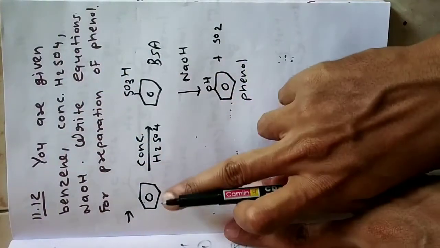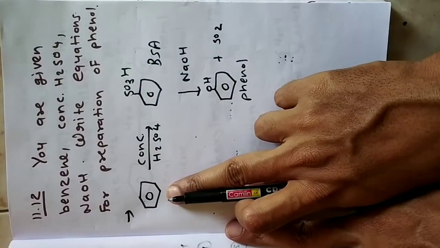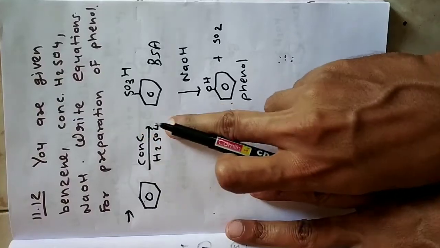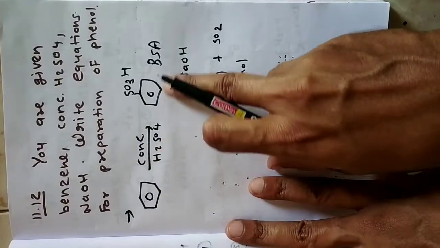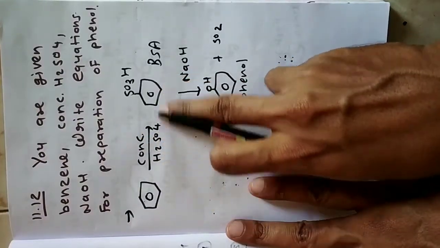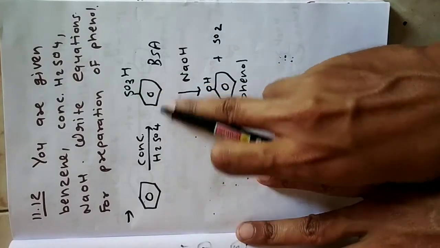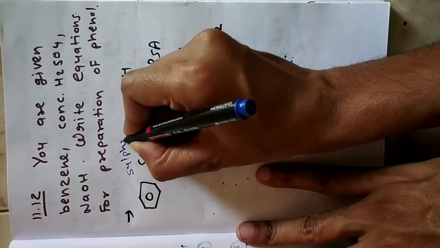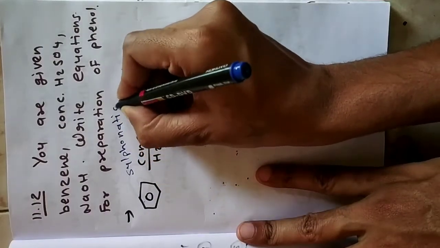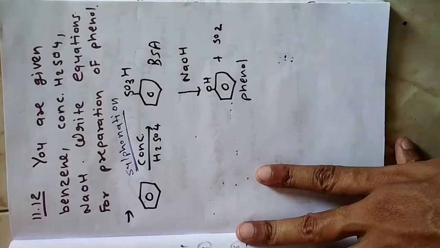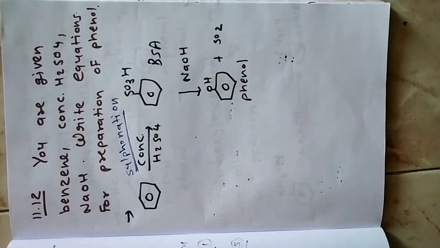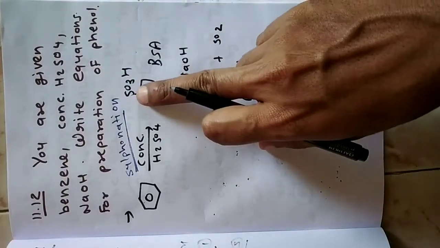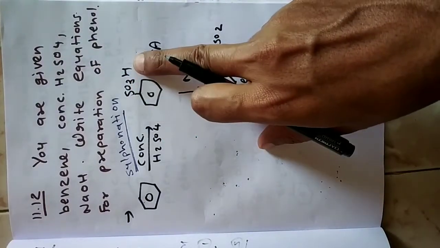So look here, first I am taking benzene and reacting it with concentrated H2SO4. This reaction you have learned in 11th standard also, it is a sulfonation reaction. A sulfonic acid group is introduced in the benzene ring, so on the benzene ring a sulfonic acid group is there, SO3H.